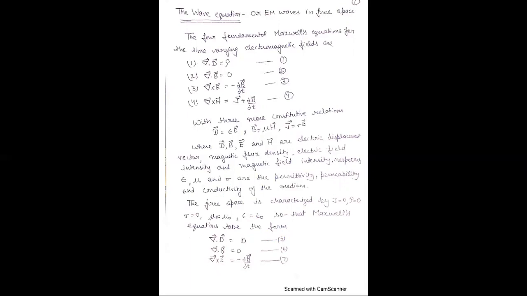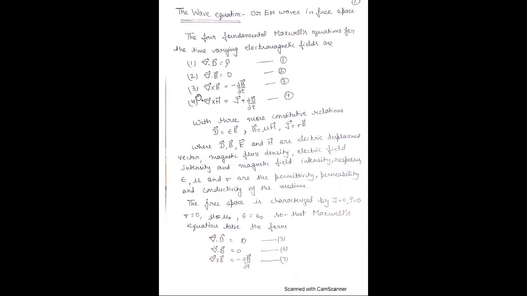First equation is divergence of D is equal to rho. This equation is derived with the help of Gauss theorem in electrostatics. The second equation is divergence of B is equal to 0. This equation is derived with the help of Gauss theorem in magnetostatics.